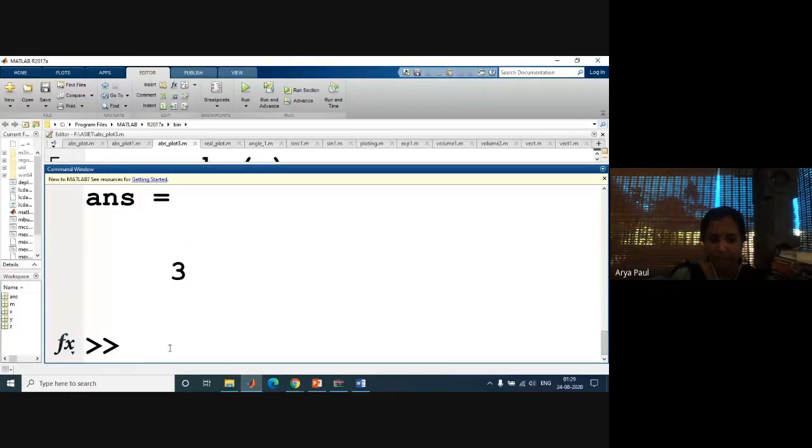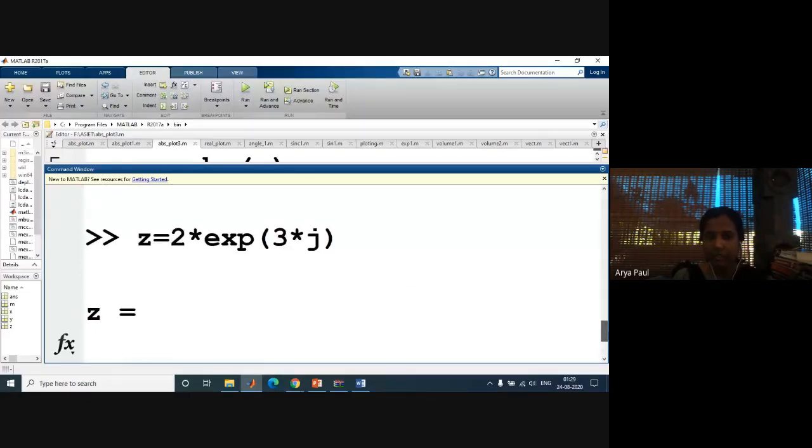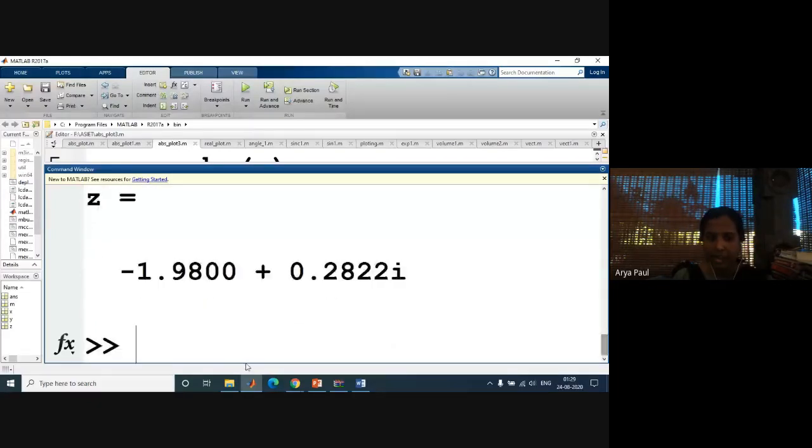Say for example, z equal to 2 times exp of 3 into j. This will be your representation in rectangular form, and what will be my magnitude?